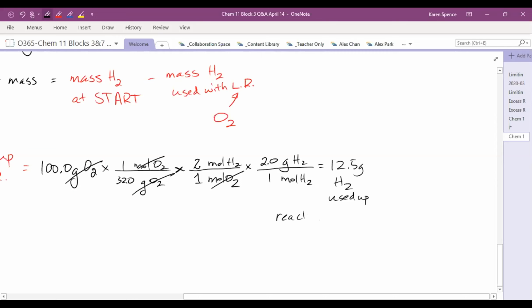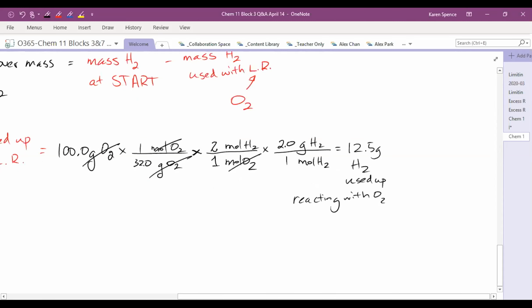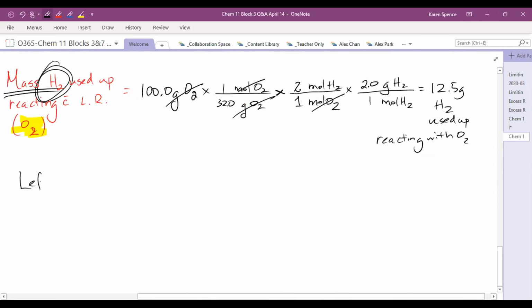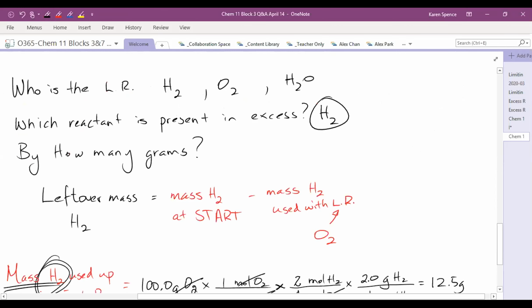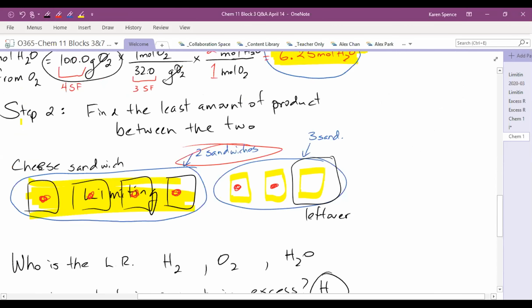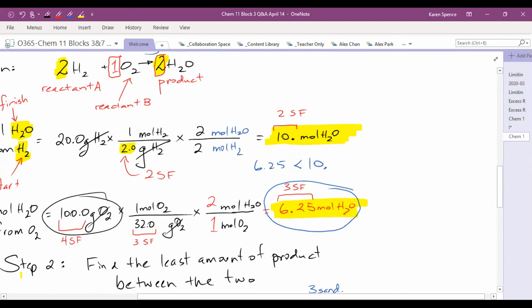reacting with the O2. So it's like that cheese. How much cheese did we use to react with all the bread? We used 2 slices of our 3 slices of cheese. So we're going to take our leftover mass and find that leftover mass of H2 is equal to the mass at the start. How much was that? It was 20 grams of H2 at the start.